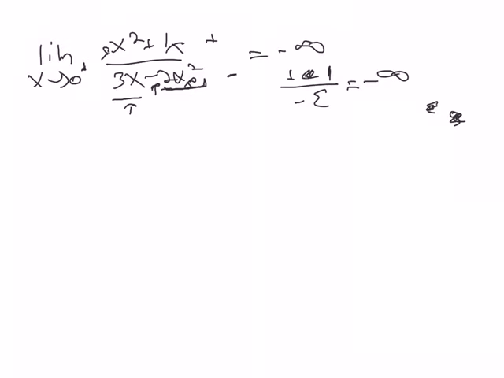When we're approaching from the right, again there is 1 up here, which is positive. Down here we have 3 times some really small number, and then we take minus 2x squared, and that number is going to be even smaller.